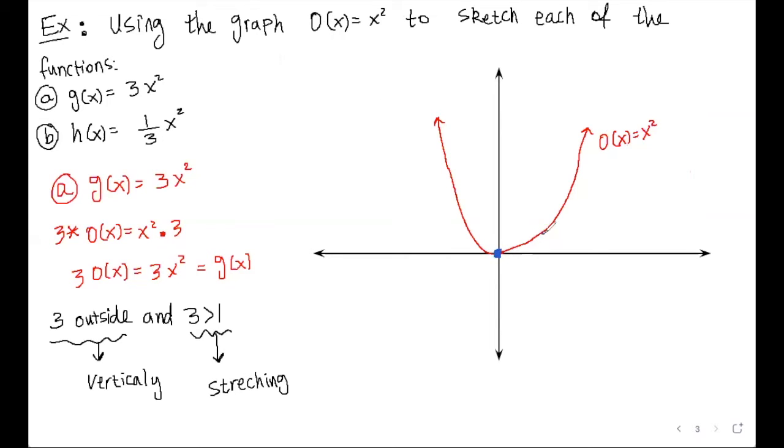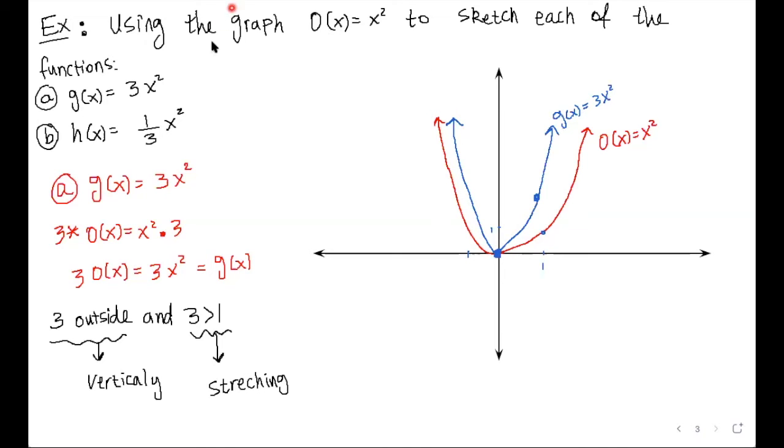This point here, 1 and 1, goes up to around here. So stretching vertically will look like that. And from this side, the same thing. So this is the graph for the function g of x equals 3x squared.